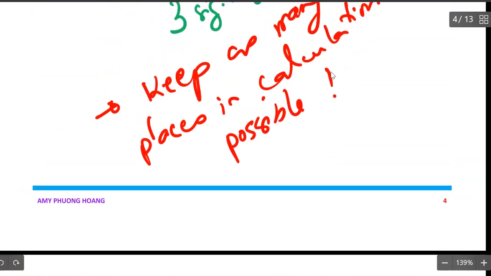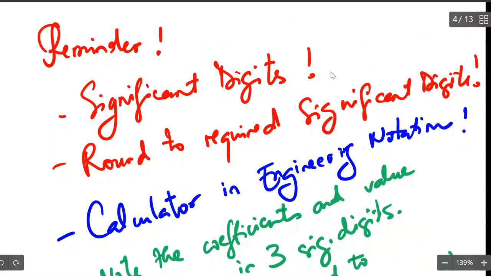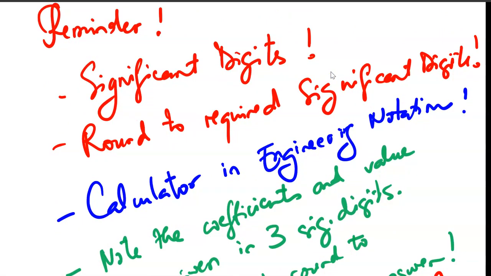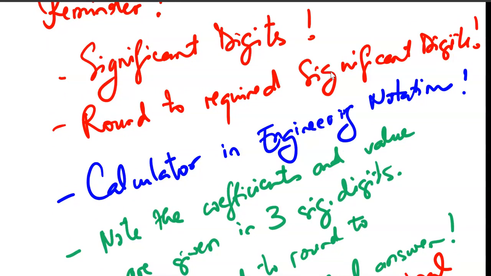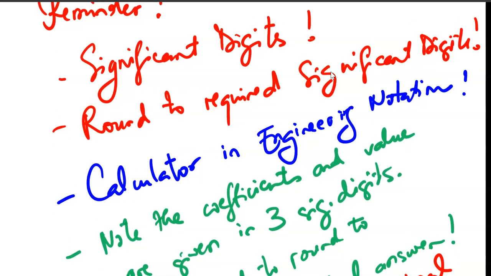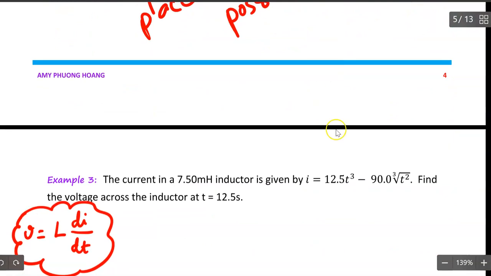Okay, so before I continue on, I want to give everyone a reminder here. Be mindful of your significant digits, and we have to round to the required significant digits, even though the question doesn't indicate how many significant digits we have to round to. If all the variables here have coefficients with 3 significant digits, then we need to make sure that our answer is in 3 significant digits.